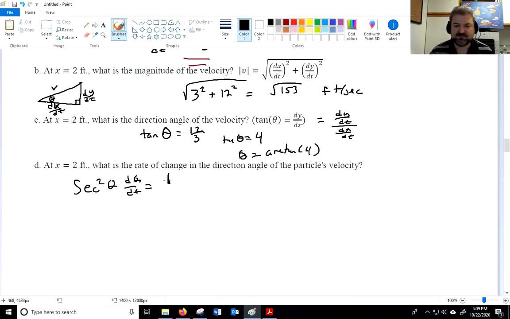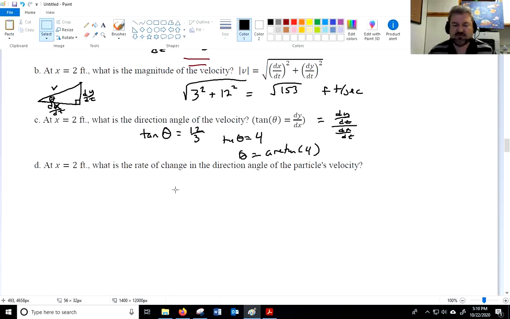Well, you'd have to use the quotient rule, right? It's kind of messy, right? So let's see if we can't do something else.